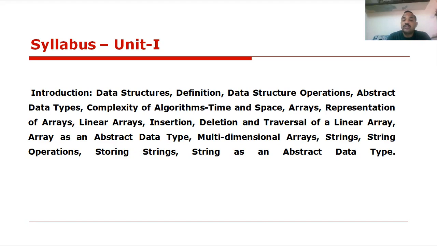What are the operations on linear arrays? Insertion, deletion, and traversal of a linear array. So what is a linear array? Simply, a linear array is a collection of same related data items with a common name.